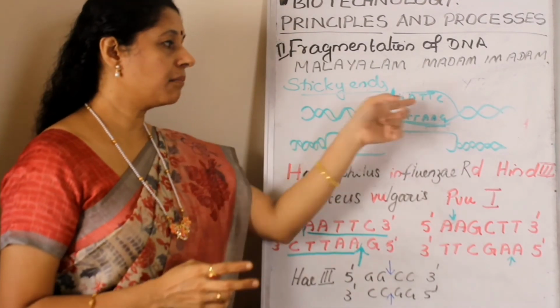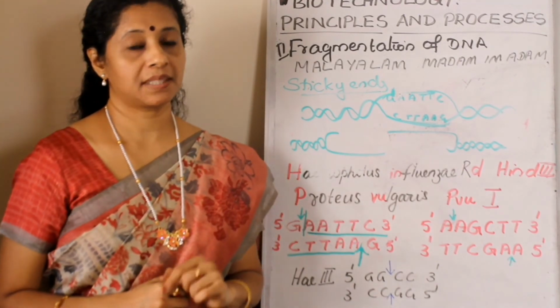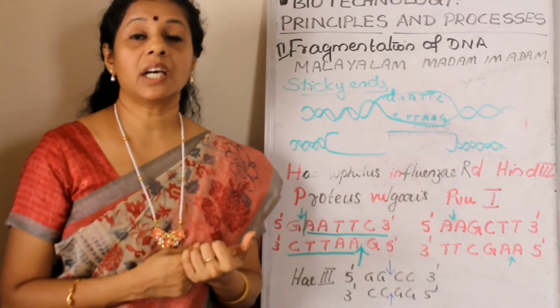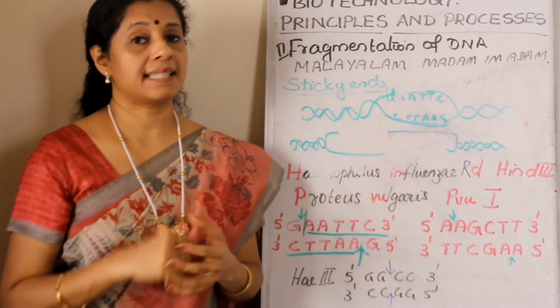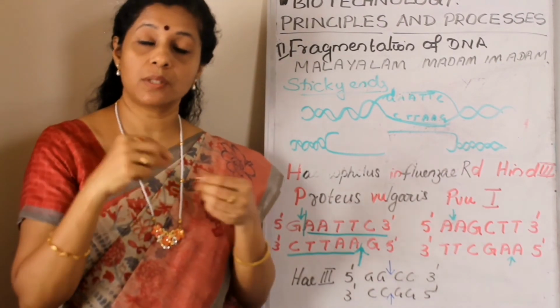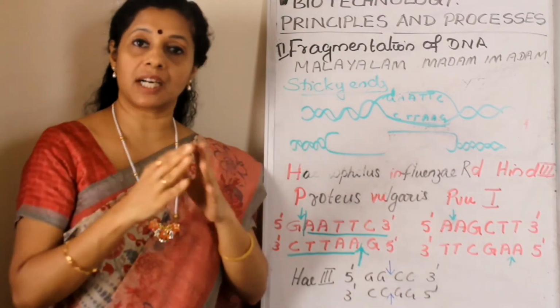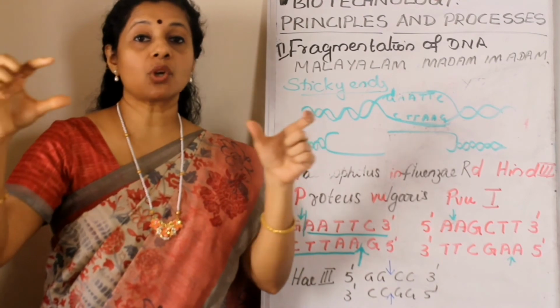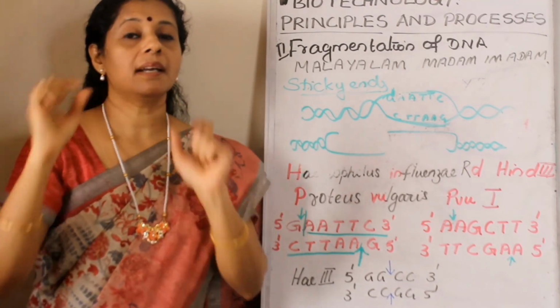So if I can bring both of them together, the possibility of sticking them back is there. Always remember, for cutting we are using restriction enzymes, but for joining we are using the ligase enzyme, that is molecular glue. We have to stick them back. If we use the same restriction enzyme for cutting two DNAs, they produce complementary sticky ends. They are not the same but complementary, so that they can be joined.